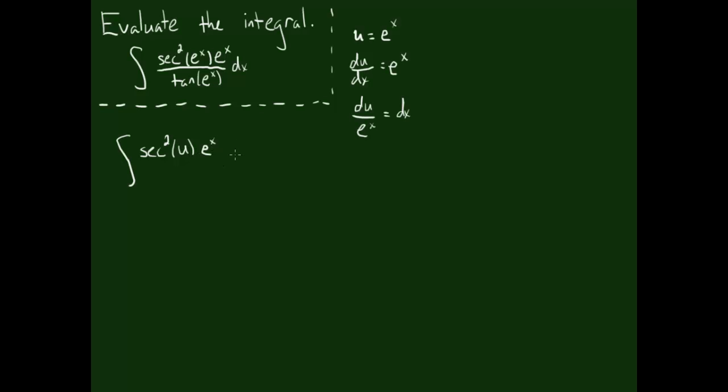The dx is turning into du divided by e to the x. All of that is going to be over tangent of, it would be e to the x normally, but I'm going to change that to u so that I have that variable there. Okay, so the e to the x's are going to cancel, and this is just leaving us with the integral of secant squared of u all over tangent of u.